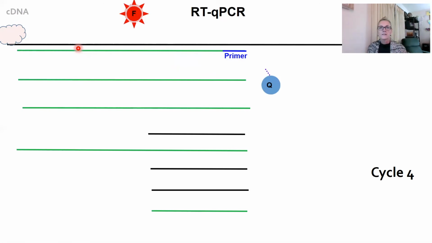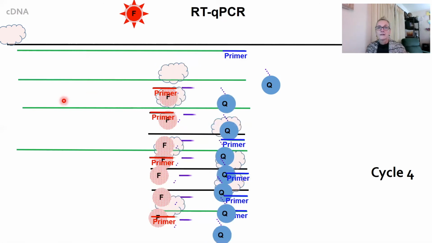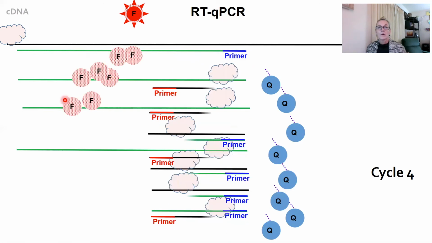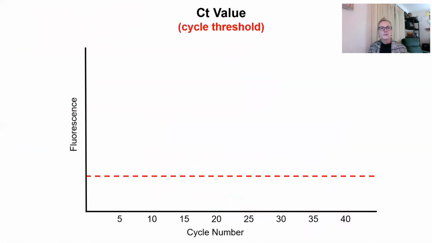You can imagine the more strands you have, the more complements you make, and the more fluorescence you get. We're able to measure that fluorescence each time it goes through a cycle, and you can see that in this graph. On the y-axis, we have fluorescence. On the x-axis, we have cycle number.